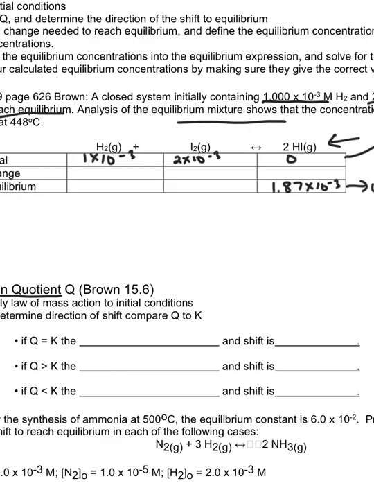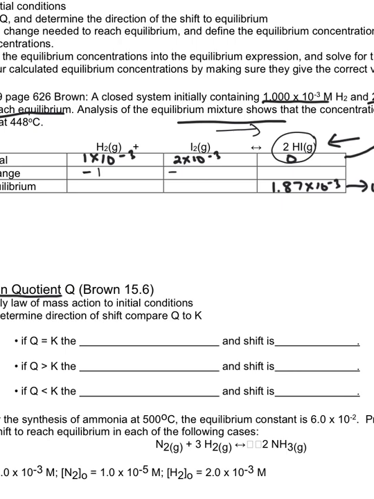I'm going to blow this up a little bit here. Because there are no products in the vessel, the reaction initially can only proceed in the forward direction. And therefore, the change is going to be tied to stoichiometry. H2 and I2 are going to go down, or become negative. Both of these are going to be consumed because there is no product to go in the reverse direction to form them.